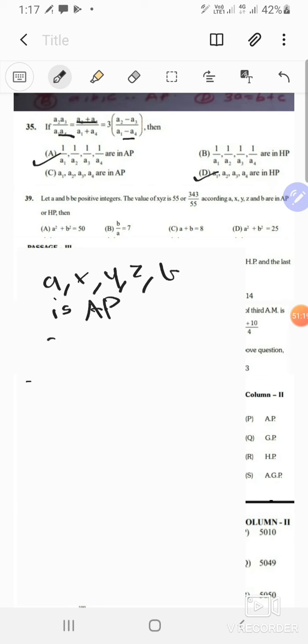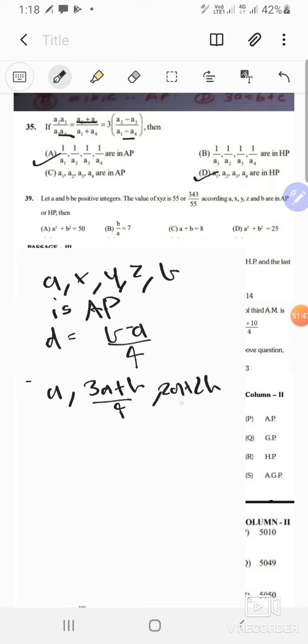That means that the difference is going to be b minus a upon 4. Okay, so we can generate the whole progression. So it's going to be a, then a plus this thing, that's 3a plus b upon 4. Then you need to add b minus a to the numerator, so that will give me 2a plus 2b upon 4, and then a plus 3b upon 4, and then b.